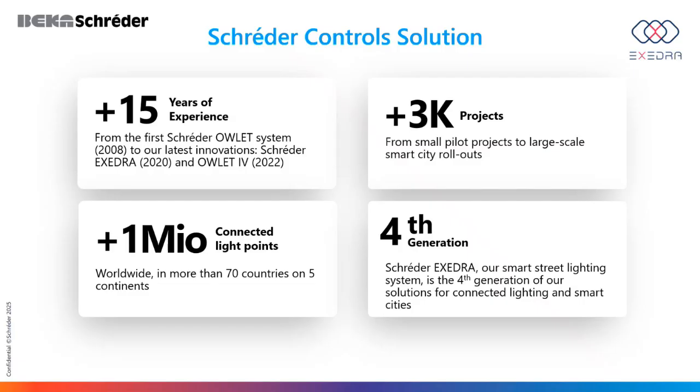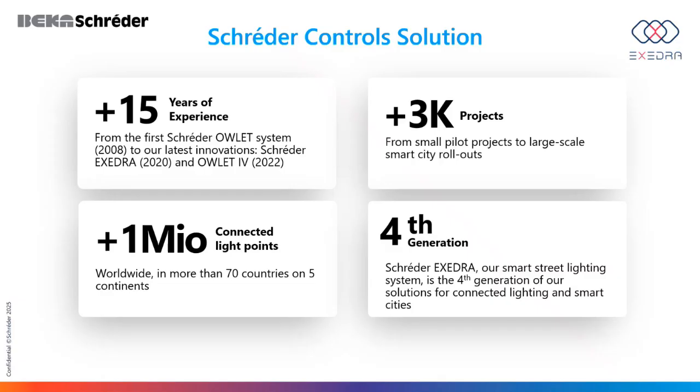Looking at the controls side of the Schréder Group globally, we have over 15 years of experience in the IoT space and controls, all the way from 2008, where the first iLED system originated. We have more than 3,000 projects, with rollouts from large scale to small scale, even trials running to make sure it fits the architecture and the city requirements.